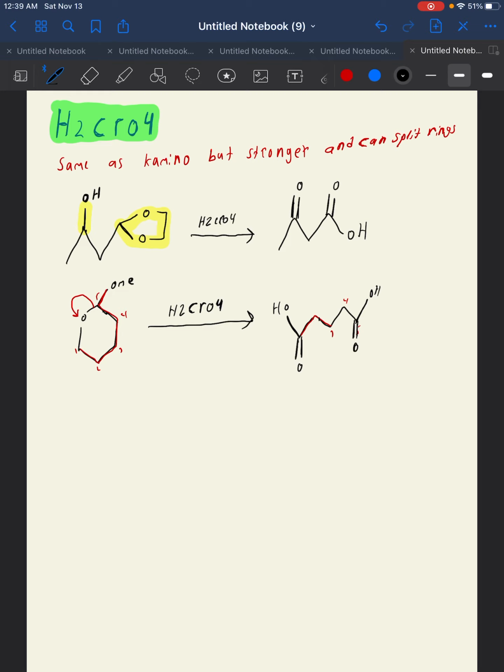It breaks the ring and then it oxidizes it. And I know that's kind of complicated to visualize, and that's why I have to write this down, because this is a complicated reaction. 1, 2, 3, 4, and then 5. And then the oxidants would then be added on.